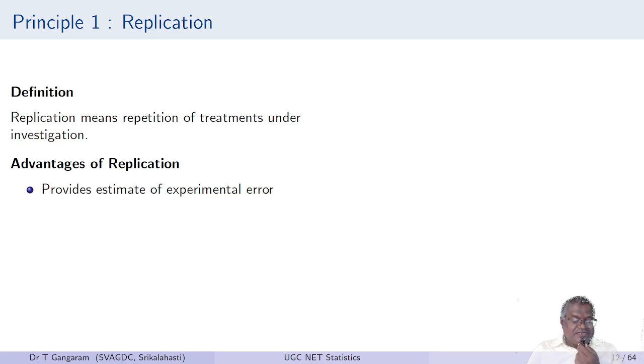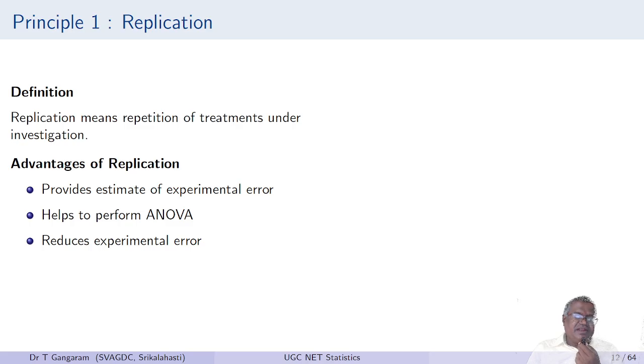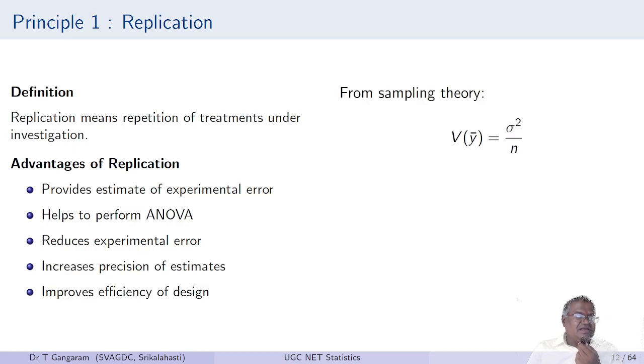First, it provides a valid estimate of the experimental error variance. Without replication, we cannot get the variance. It helps to perform analysis of variance. It reduces experimental error. It increases precision of estimates. It improves efficiency of the design.